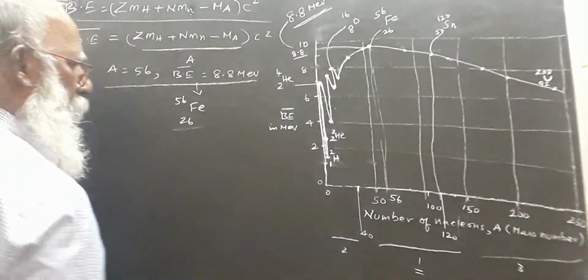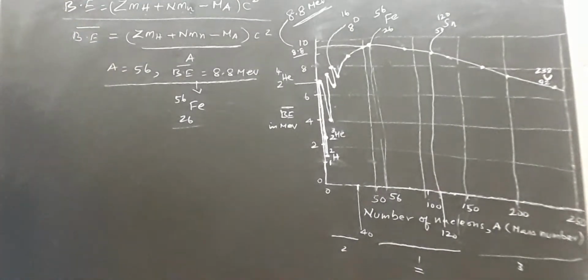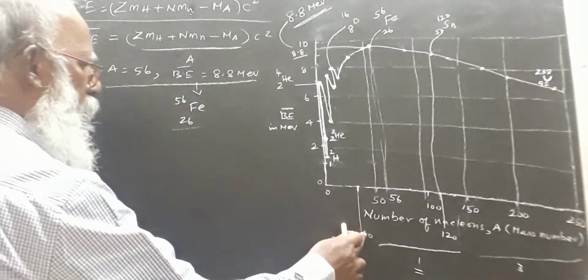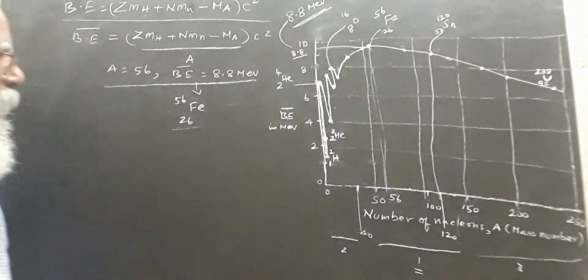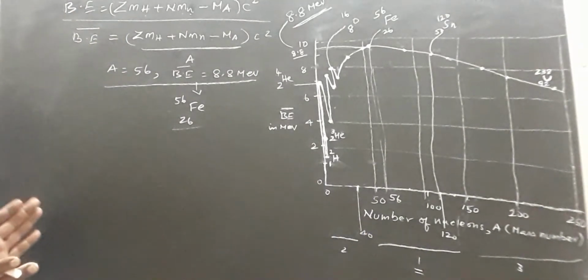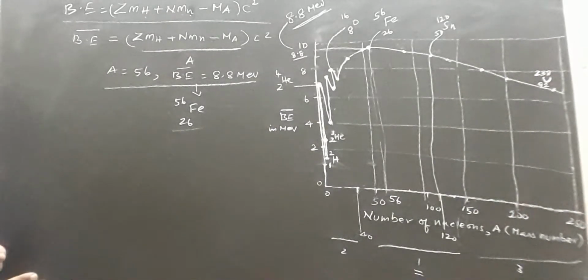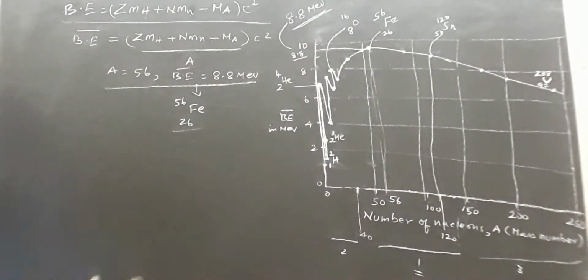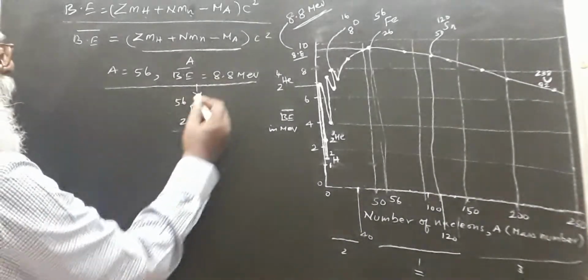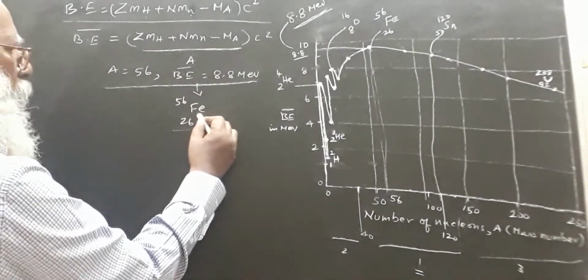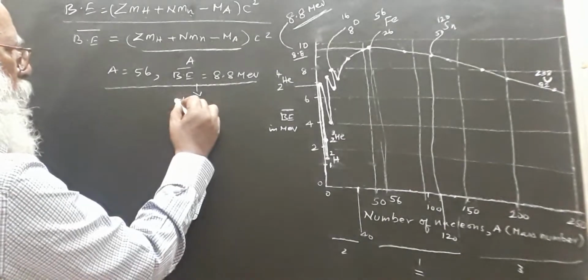Part 1 plays a very important role. Between 40 and 120, the substances are stable and non-radioactive. It explains the meaning of iron 26Fe56.